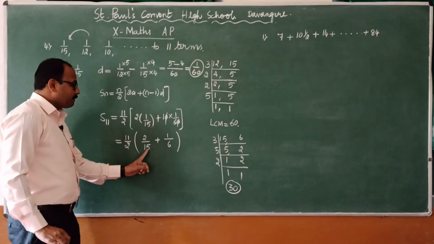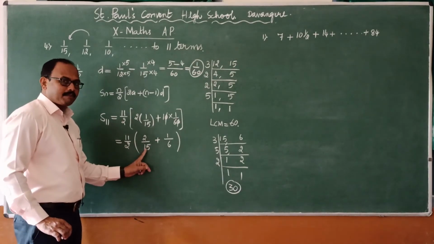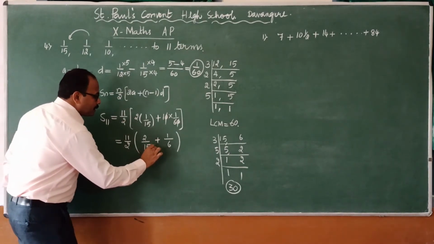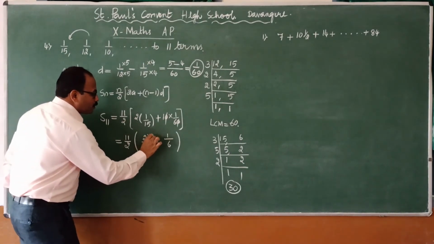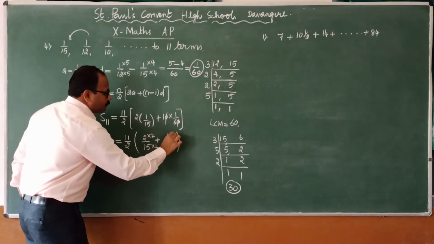How to make this 15 as 30? By what number you have to multiply this 15 to get 30? Into 2, children. Into 2, into 2. This becomes into 5, into 5.